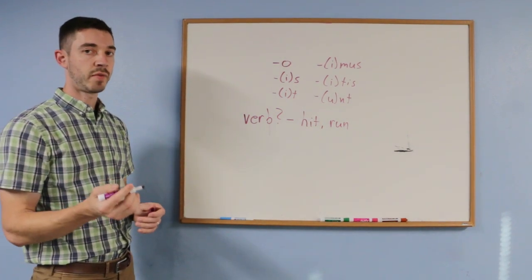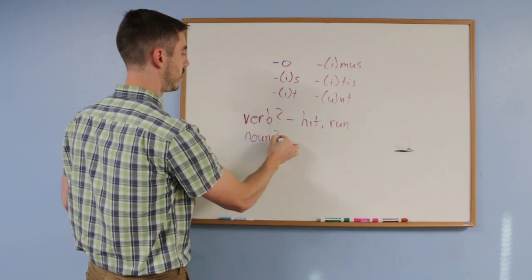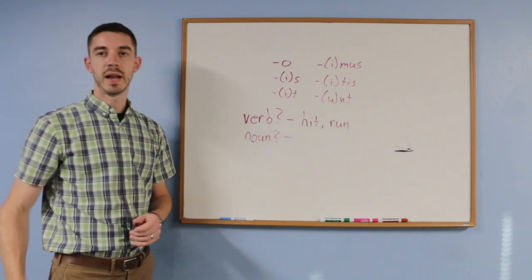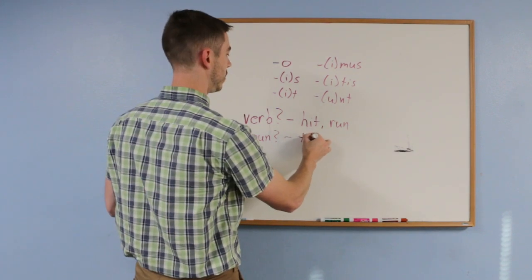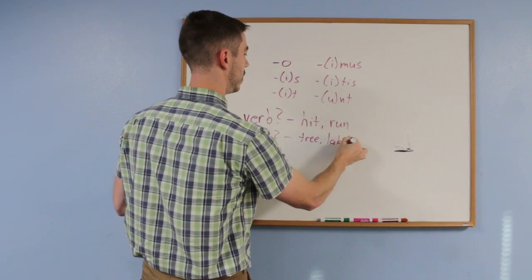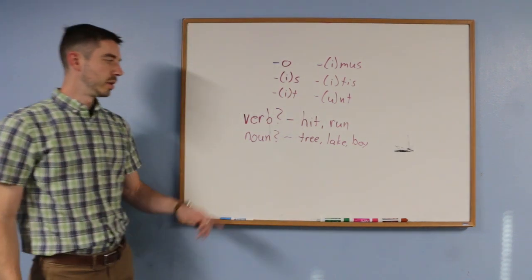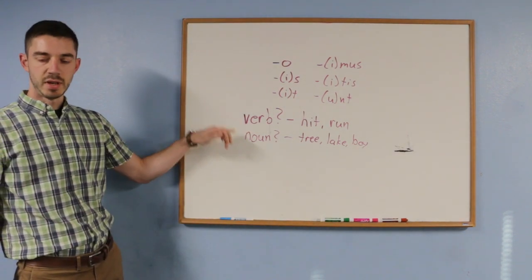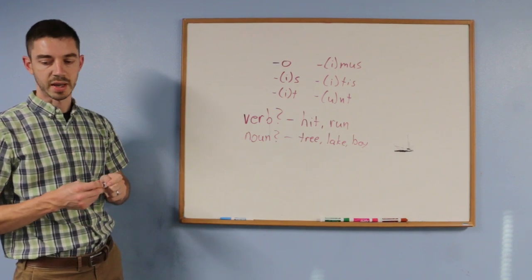And while we're talking about verbs, let's remember what a noun is. A noun is a person, place, or a thing. So, like a tree, or a lake, or a boy. Okay? So, verb is action, noun is person, place, or thing.